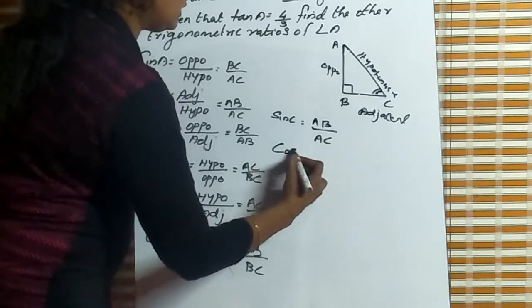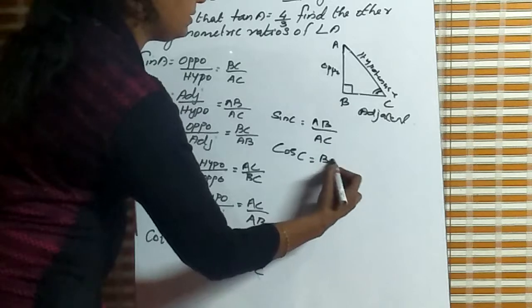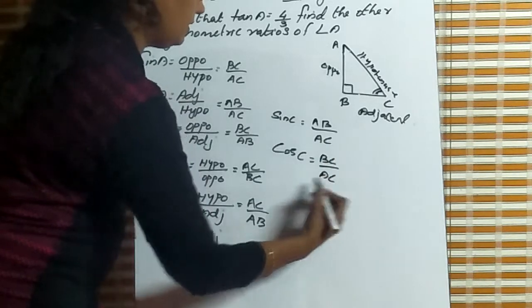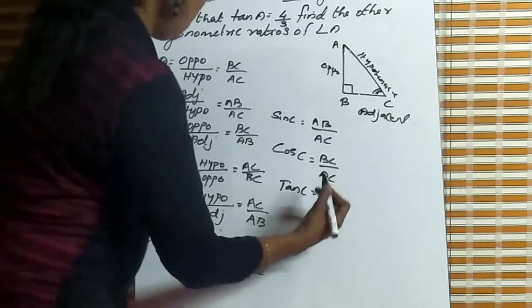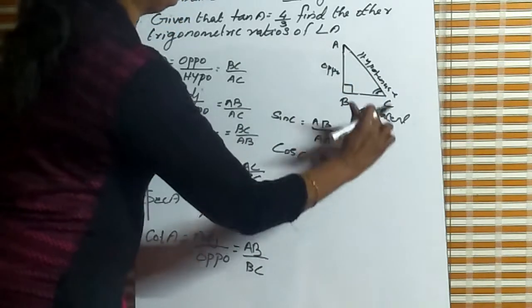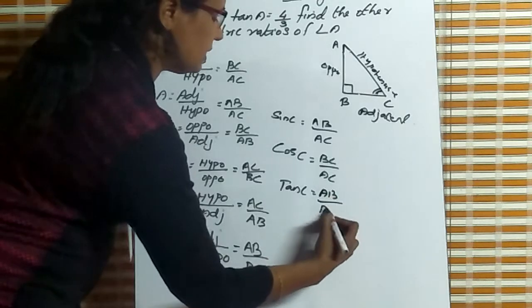Then cos C is equal to adjacent side by hypotenuse, BC by AC, and tan C is equal to opposite side by adjacent, that is AB by BC.